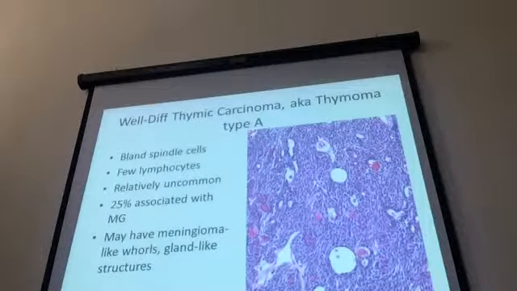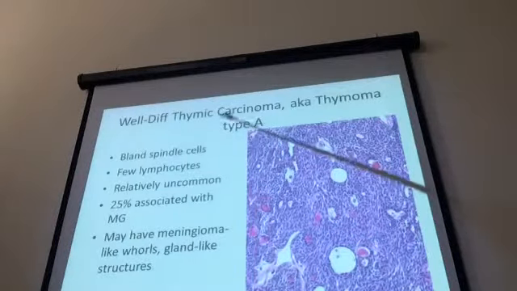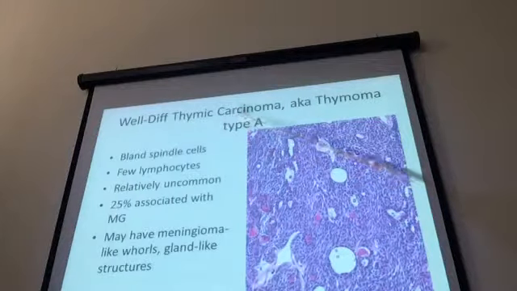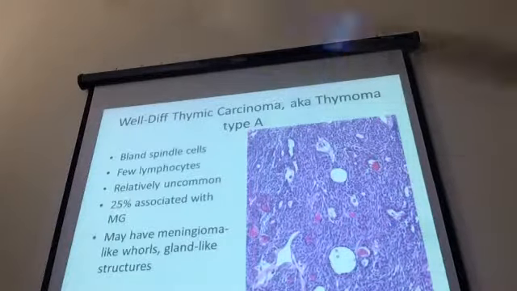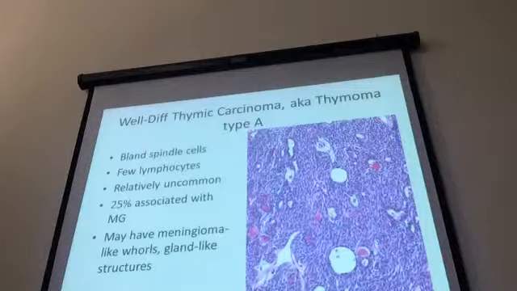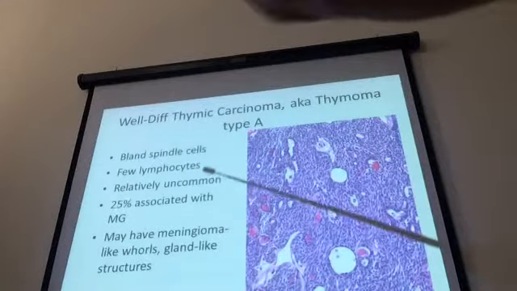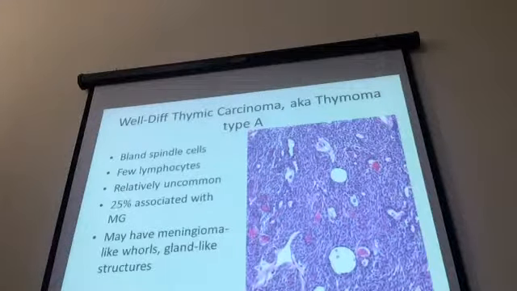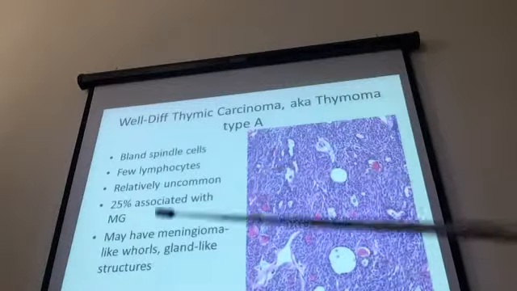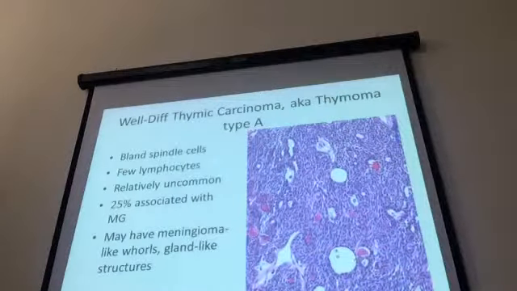So, having said all that, let's talk about the histologic types. So, Schuster and Moran well-differentiated thymic carcinoma or thymoma, type A, mostly spindle cells, fairly bland, very few lymphocytes, and occasionally has these meningioma-like whorls or little gland-like structures.